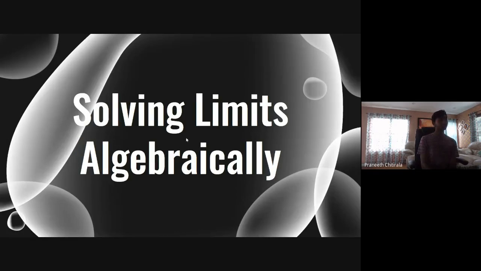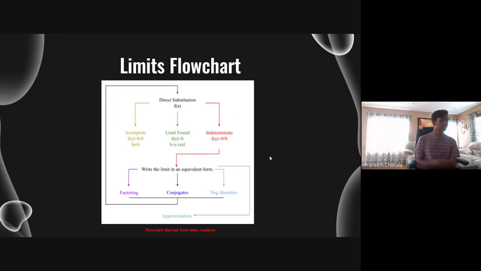So now we're going to solve limits algebraically. So not just looking at the trends of a graph, but actually using the equations themselves to solve them. This flowchart is derived from Khan Academy, but it essentially follows a simple flow. You always start by direct substitution.